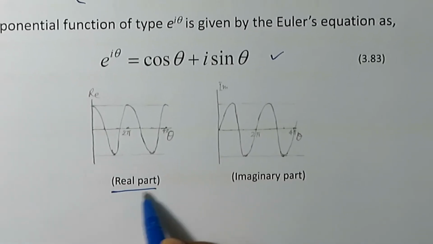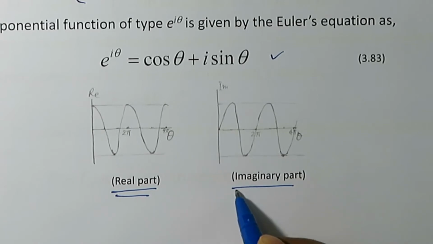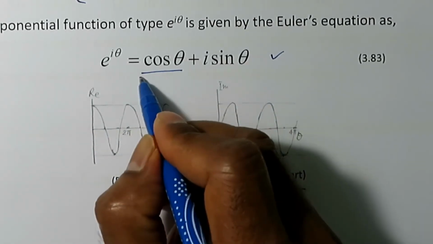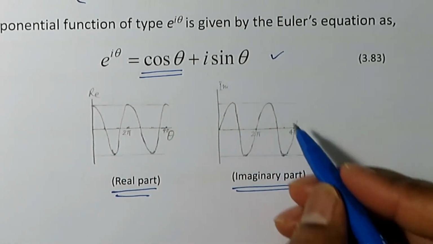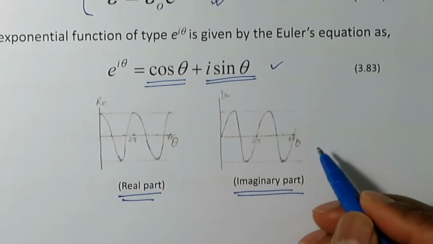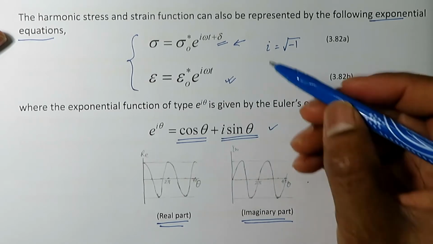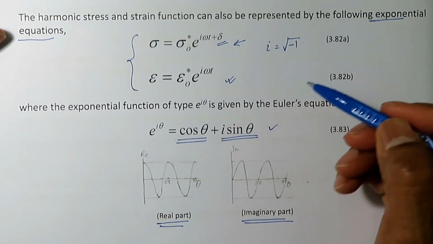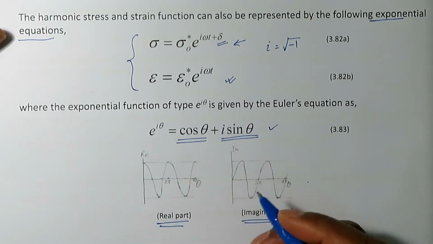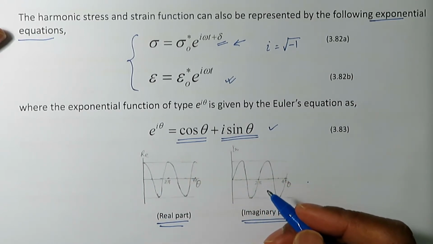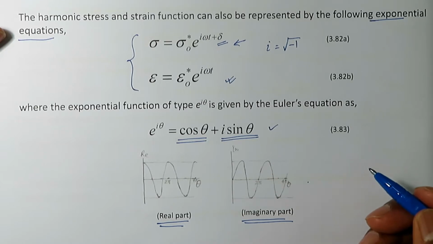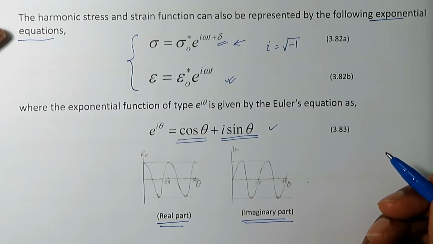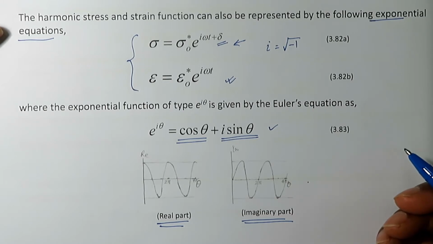So this gives the real part and this gives the imaginary part. So the real part comes from cos theta, and the imaginary part comes from i sin theta here. So by using an exponential equation like this, it is possible to define the stress and strain in dynamic loading, and we can analyze the viscoelastic behavior of polymers.